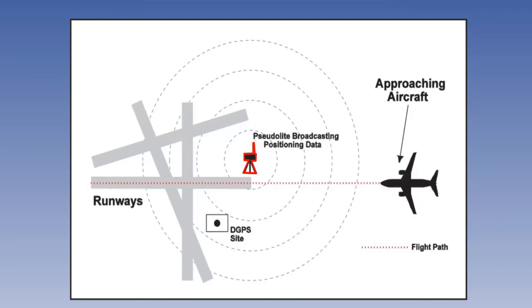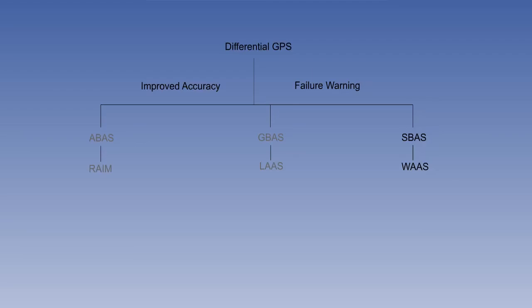The aircraft interprets this as a transmission from a space vehicle on the aerodrome, known as a pseudolite. When the aircraft is close to the aerodrome, the DGPS site, the ionospheric and tropospheric conditions will be virtually identical, and therefore these errors are eliminated. LAAS has the potential to achieve Category 3C type operations.